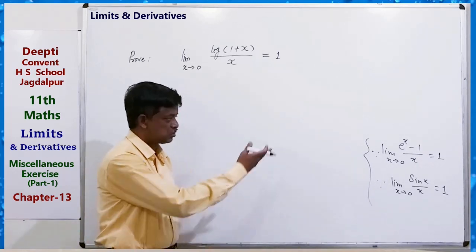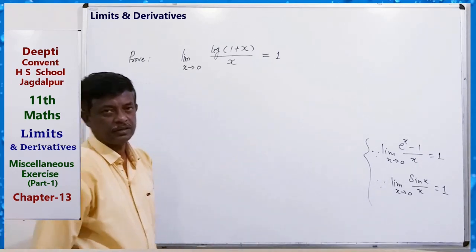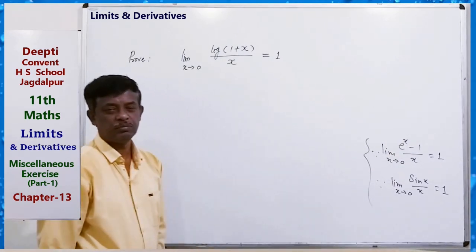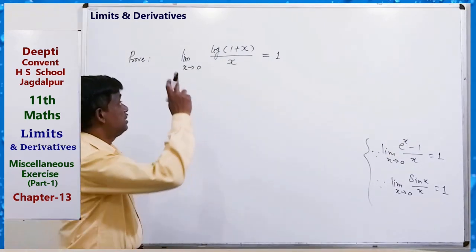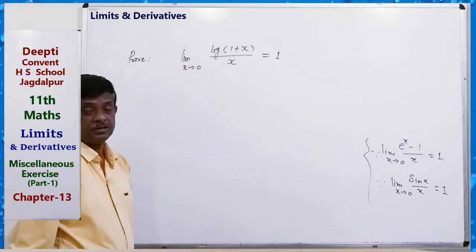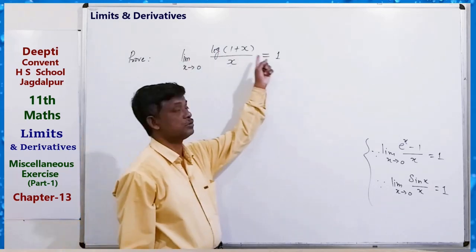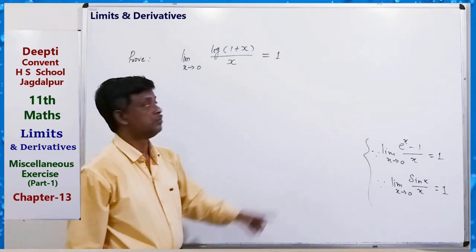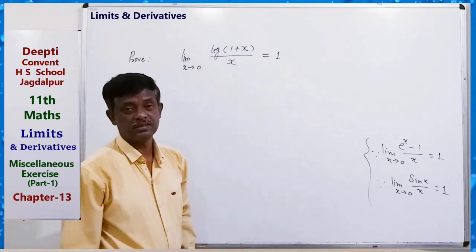We can also prove it by using some basic formula, basic idea. But here for proving this we can use series form also. We know log(1 plus x) equals an infinite series.